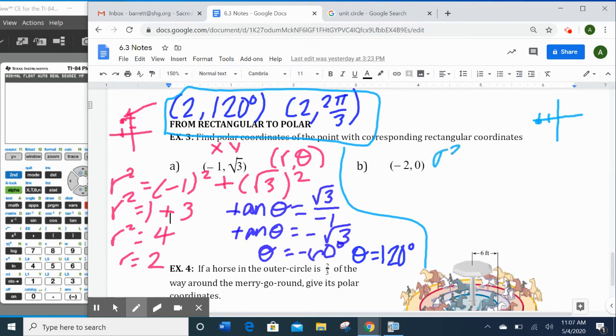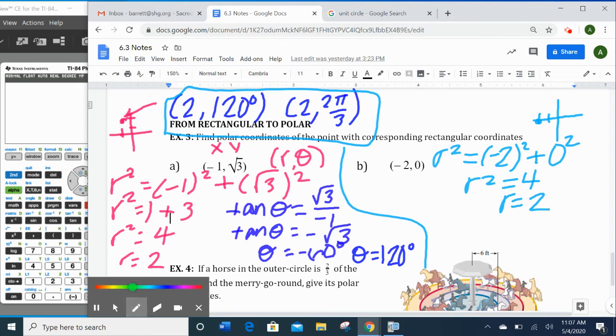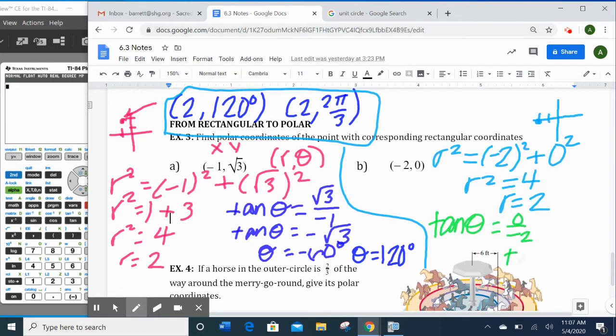So r squared is equal to -2 squared plus 0 squared. So r squared is equal to 4. r is equal to 2. So I'm halfway done. r is definitely 2. Then I want to set up that tangent of theta is equal to 0 over -2, or tangent of theta is equal to 0.